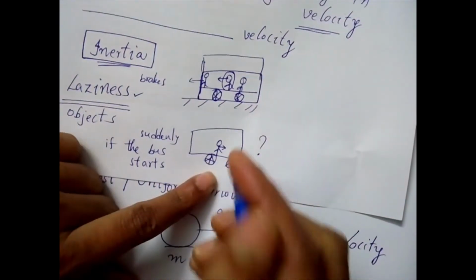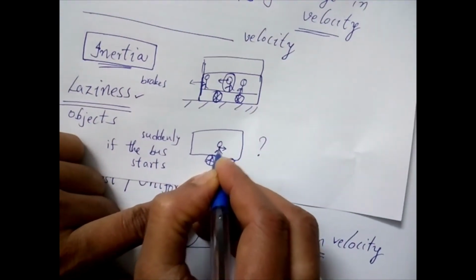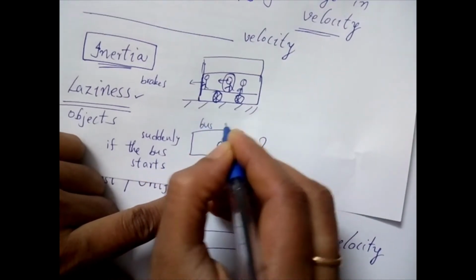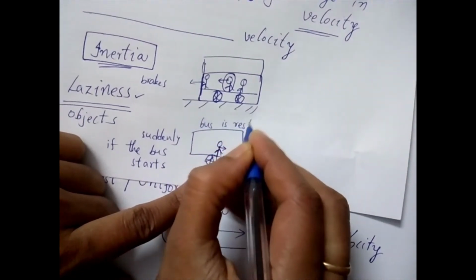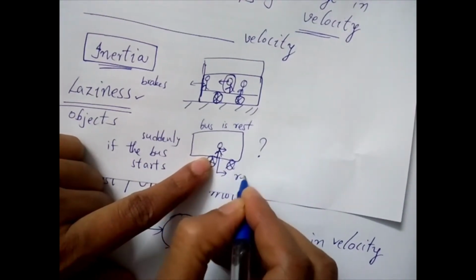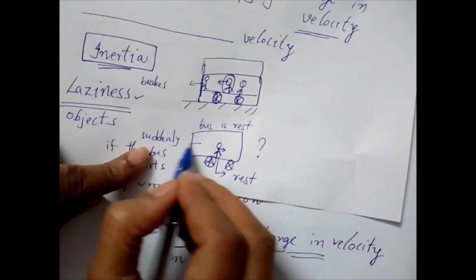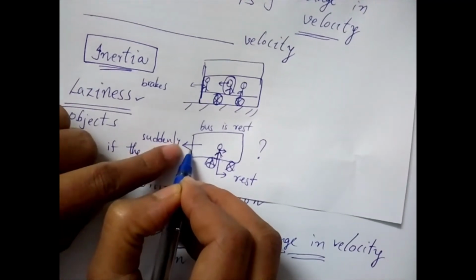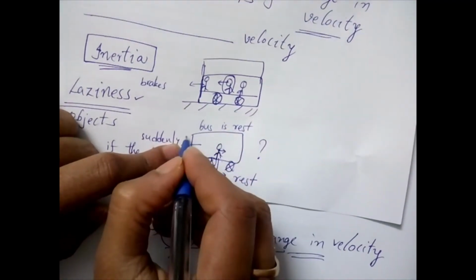In this first case, you were at rest. Even bus is also at rest. Both of you were at rest. Your initial state is what? Rest. Suddenly if the bus starts moving, bus will get some acceleration.